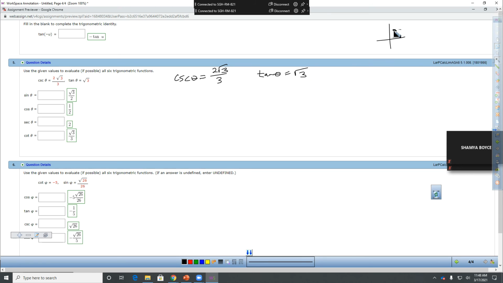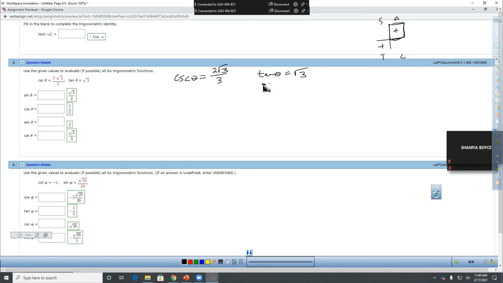Now, if we look at all students take calculus, cosecant or tangent being positive means that it has to be either in quadrant 1 or 3. And cosecant is associated with sine. It's also positive. Well, sine is negative in 3 and positive in 1. So we know this is in quadrant 1, so everything's going to be positive.